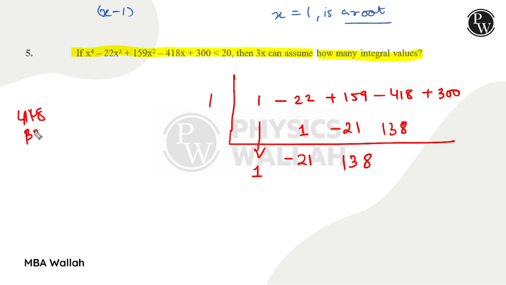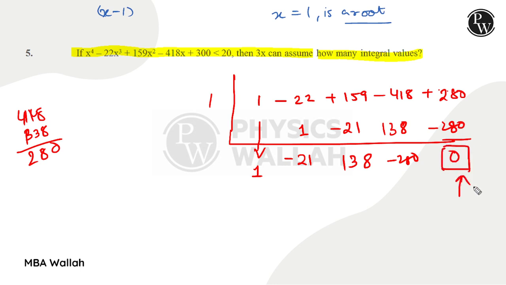Just a second, this is not 300, this is 280, because we have calculated this. So you get minus 280, and the remainder is 0.